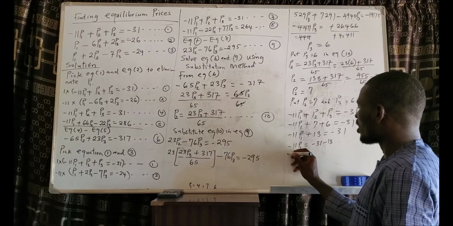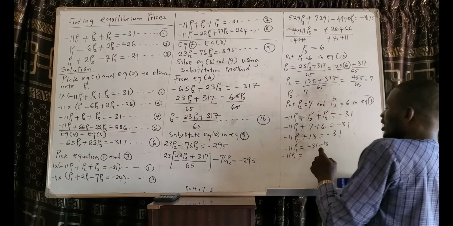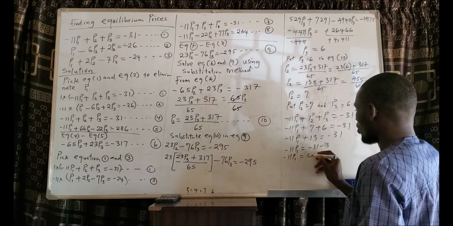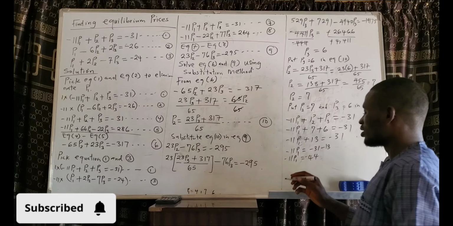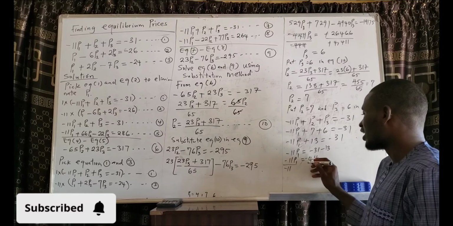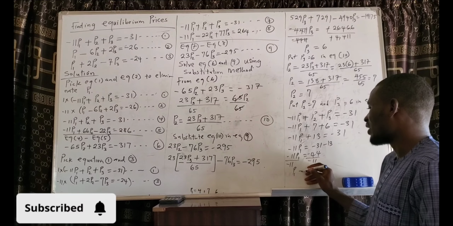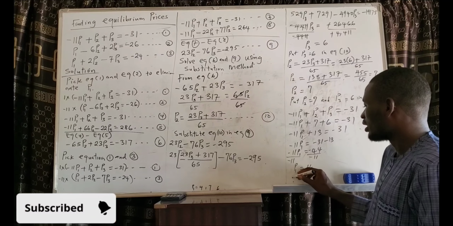Negative 11 P1 is equal to, you add the two of them, this one is negative 44. So to find P1, divide the left hand side by negative 11, here by negative 11. Then P1 is now equal to 4.